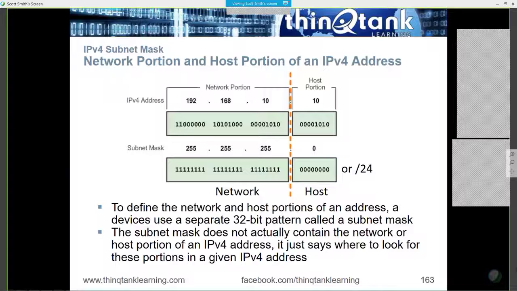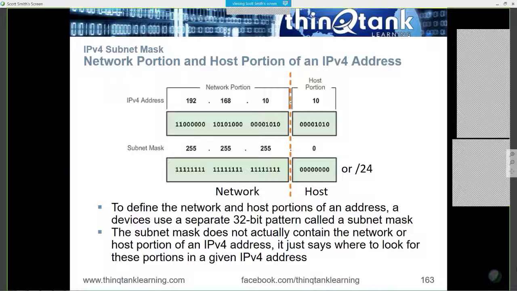And actually, this mask is not classless. It is actually classful. But nothing wrong with calling it CIDR, I suppose. The actual technical term, especially if you move on to some of the more advanced classes, is prefix notation. That's really the official term, prefix notation.